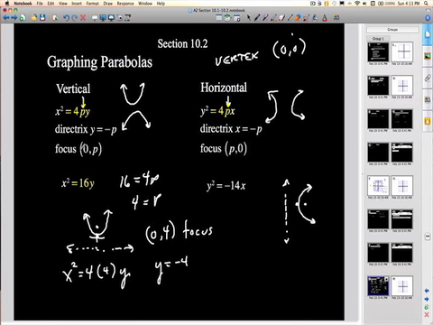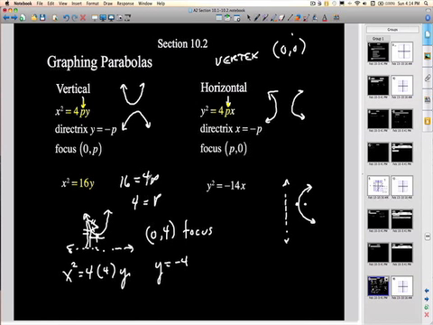Part of the relation here with parabolas is that every point on this parabola is an equal distance from the focus and the directrix. So the distance from here to the focus and here to the directrix, these would be the same. And the distance from here to there, those would also be the same. So that's why the directrix is in there.